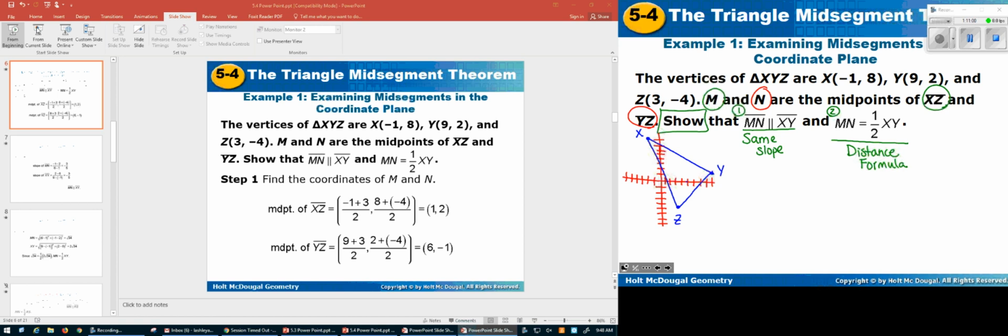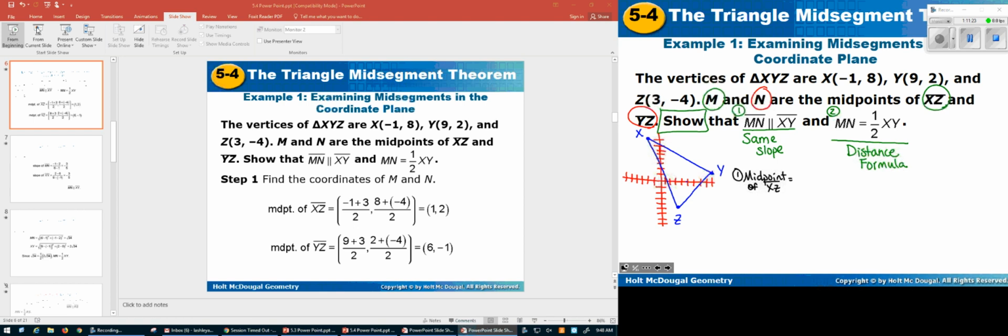Okay, so let's find the midpoint of XZ. Show your work because it's all about showing, right? This whole problem. So midpoint from X to Z, you can use your coordinates for X and Z up here, (-1, 8) and (3, -4). I'm just going to use my midpoint formula.